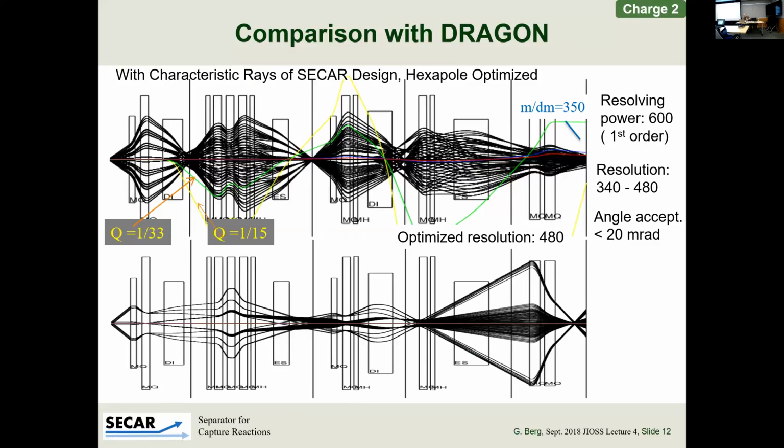SECAR, we are good. I actually looked at some of the hexapoles, and I found out I could easily get a resolution of 480, so better than what they measured, so there may actually be better tunes than they have, but at least we know we are good for our mass 60 separation as compared to Dragon.